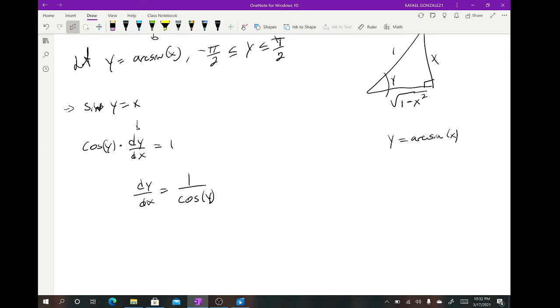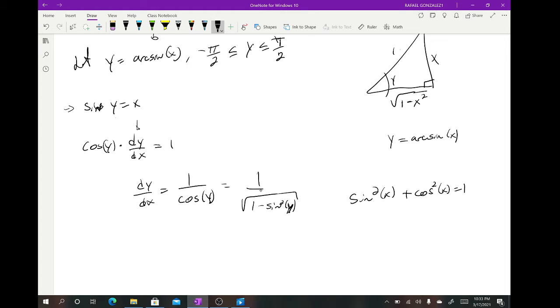But 1 over cosine of y is the same thing, by this same rule, if you solve for cosine here, you're going to get that cosine of y is equal to the square root of 1 minus sine squared y.